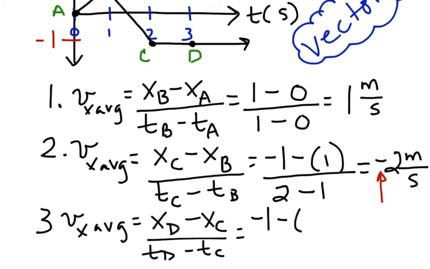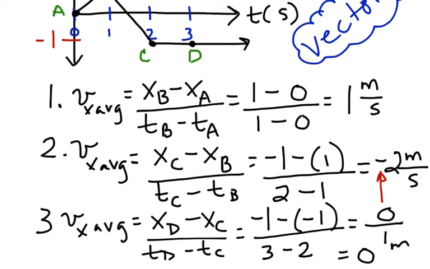The position at C is also -1. The time at D is 3 seconds. The time at C is 2 seconds. In the numerator I'm going to get a 0, and in the denominator I'm going to get a 1, and that does equal 0 meters per second. So when your position doesn't change, you're at rest, or you have no velocity.